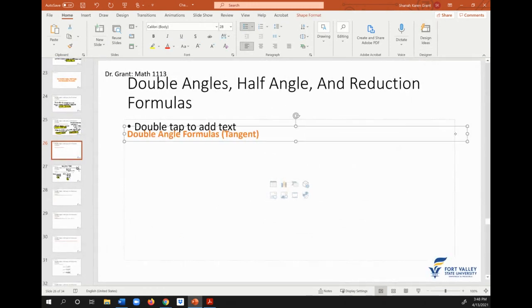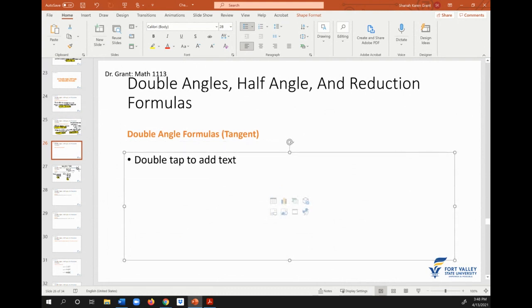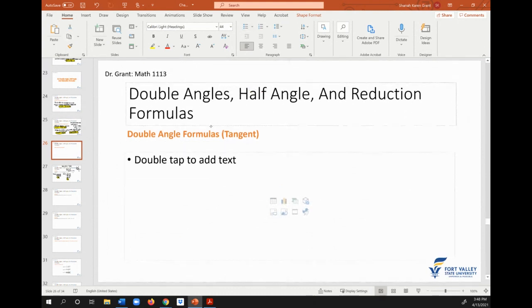Bear with me, guys. I don't know where the slide went. The slide might be after the examples, but we'll see. At any rate, there we go.